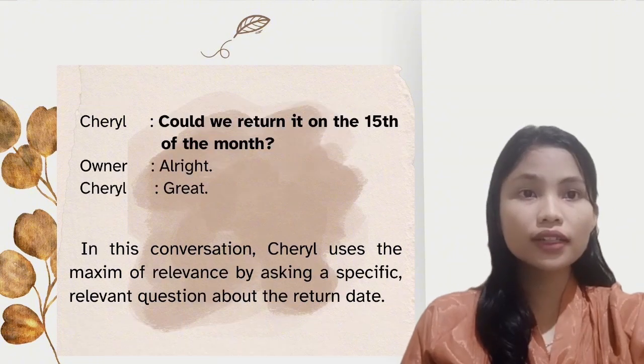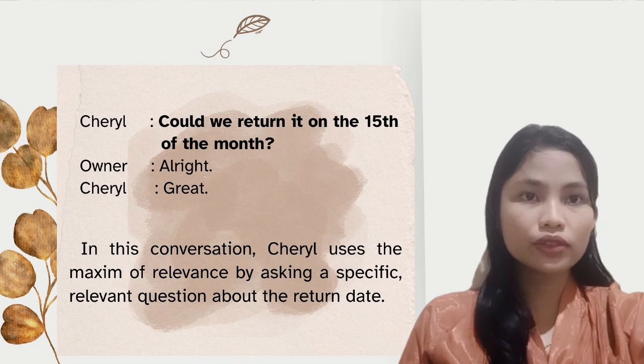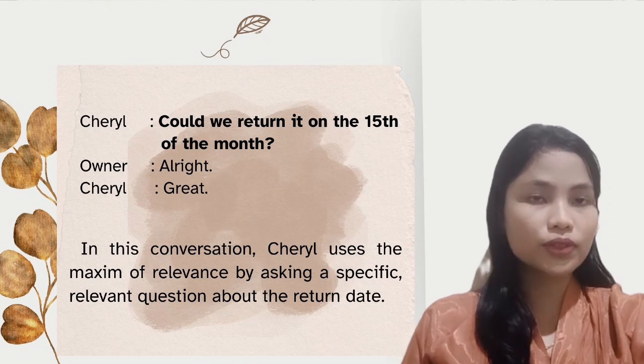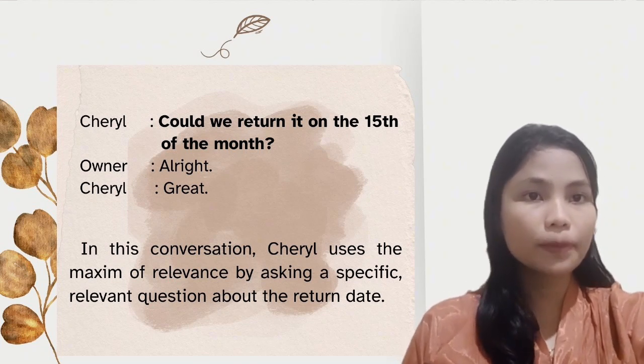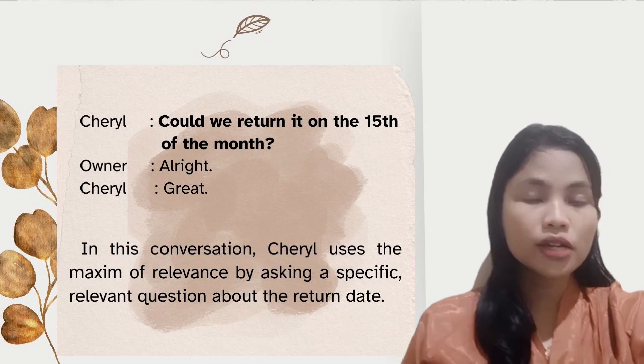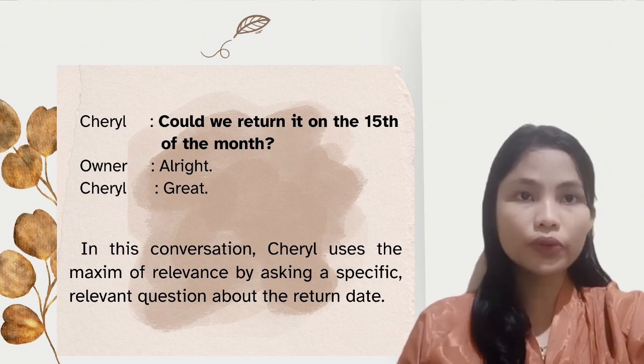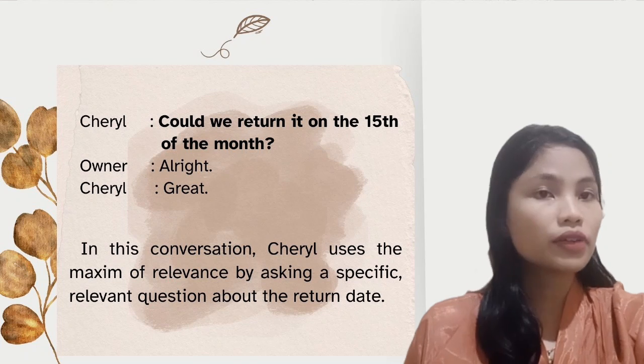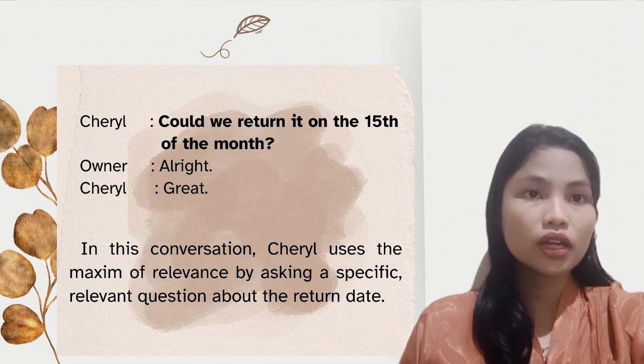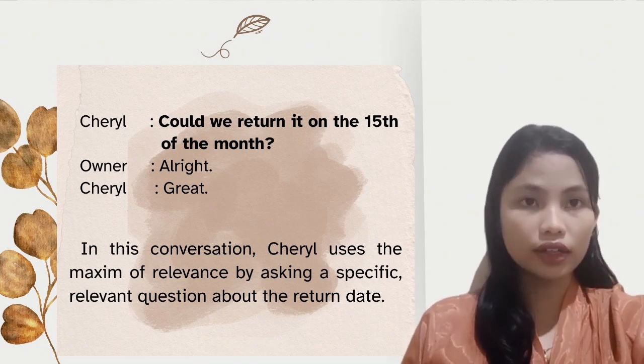Next, Cheryl asked, "Could we return it on the 15th of the month?" Owner replied, "Alright." Cheryl said, "Great." The utterance, "could we return it on the 15th of the month," constitutes a speech act.